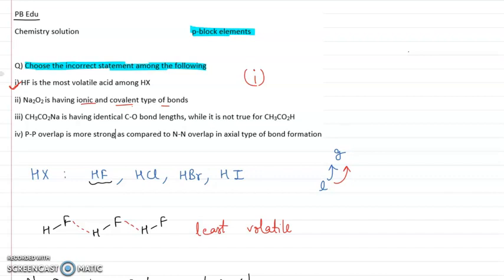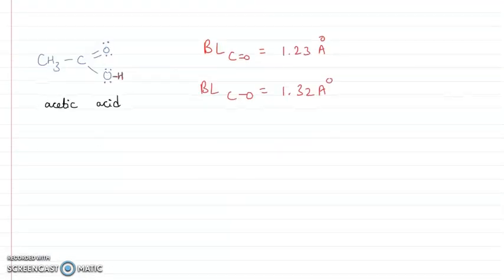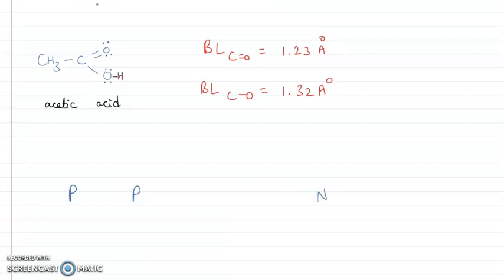Now next is PP overlap is more strong as compared to NN overlap in axial type of bond formation. So we can see that if we are talking about P-P and N-N, phosphorus is a bigger atom. It has 3 shells while nitrogen has 2 shells. So it is a bigger atom.